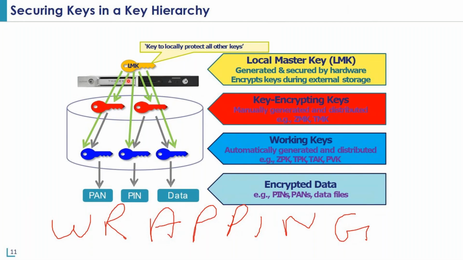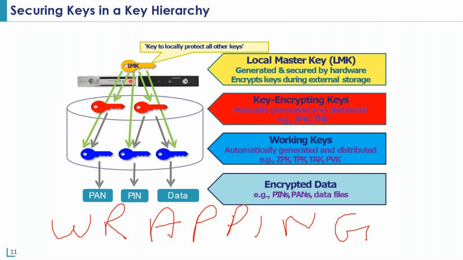The main key which is stored inside your PayShield 10K is your LMK, local master key. This is the only key which is stored inside your hardware, the PayShield 10K. Other than that, all the keys are outside your PayShield boundary. But all of these keys are encrypted, directly or indirectly, with your local master key.